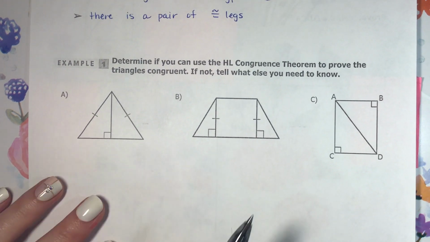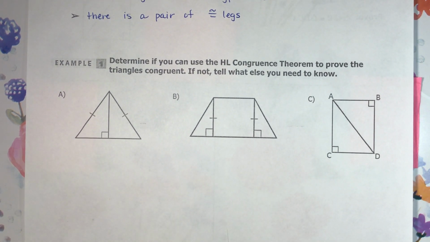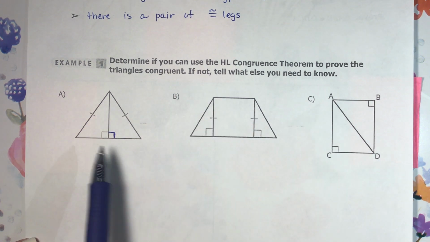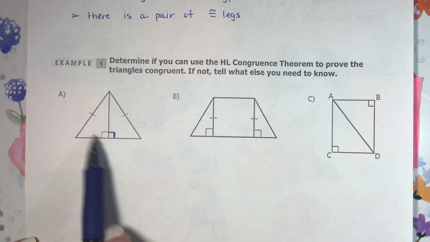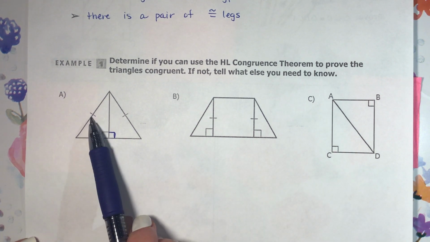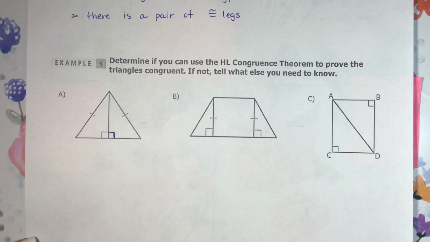It says, determine if you can use the hypotenuse leg congruence theorem to prove that the triangles are congruent. If not, tell what else you need to know. So on this first one, I know that this guy is also a right angle because when two lines meet at a right angle, all four angles are going to be right. I have these two hypotenuses being congruent, but I still need a pair of legs to be congruent.